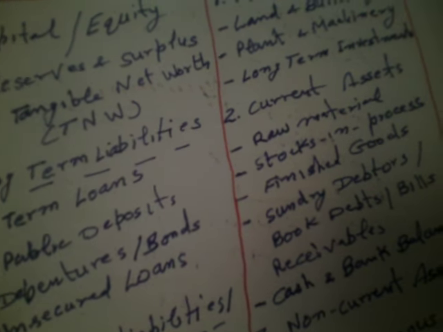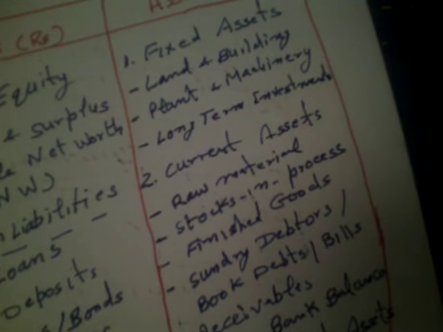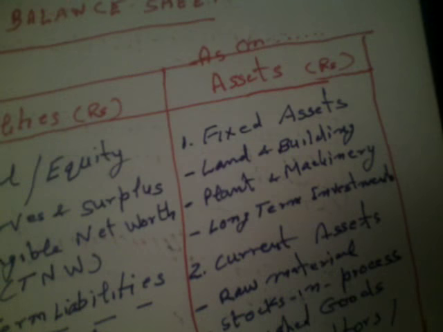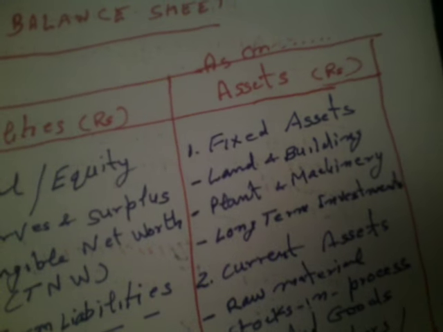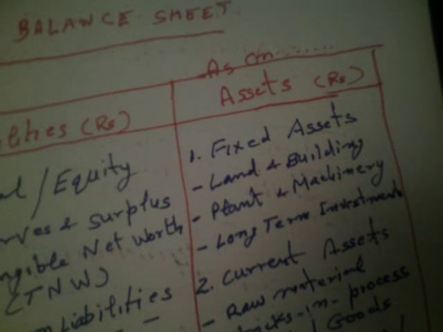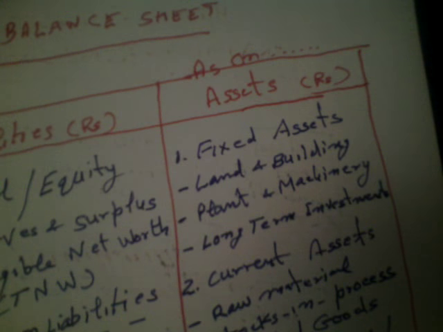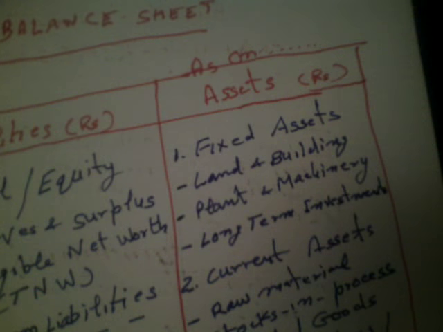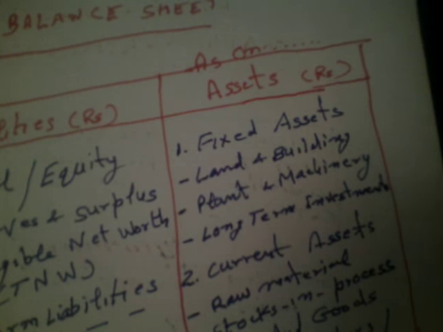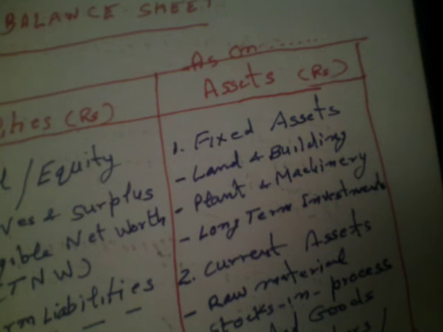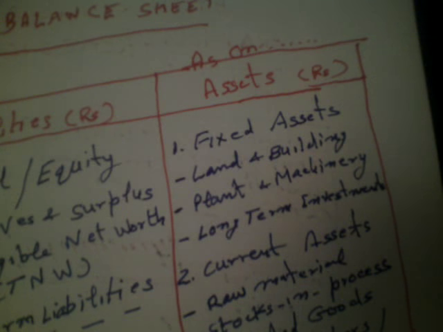Now on the asset side. Asset side means, what sources the company has acquired from different institutions, individuals, different companies, what funds are acquired, and how these funds will be used by the company.